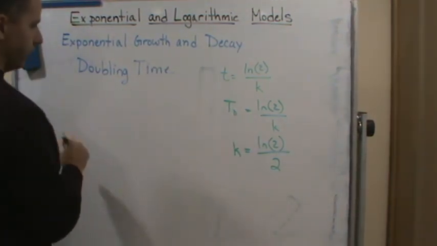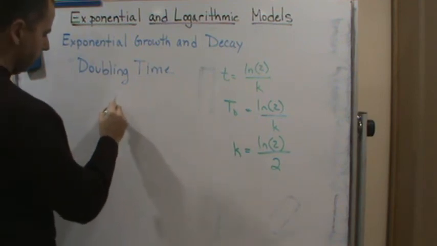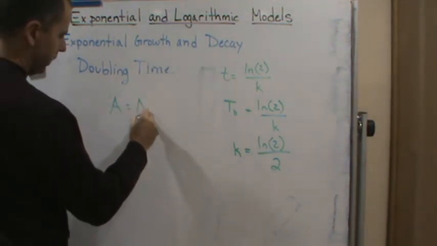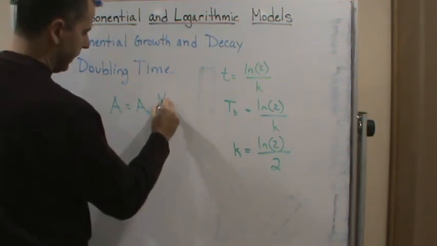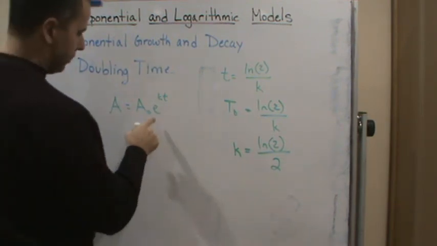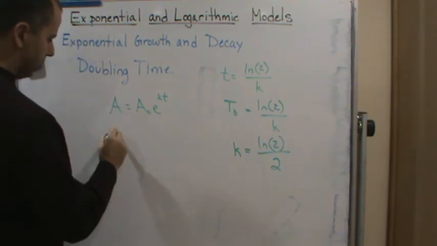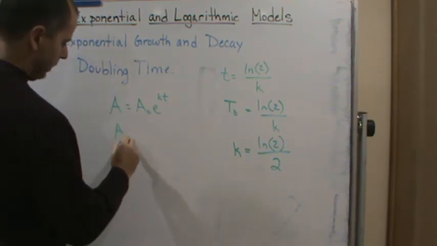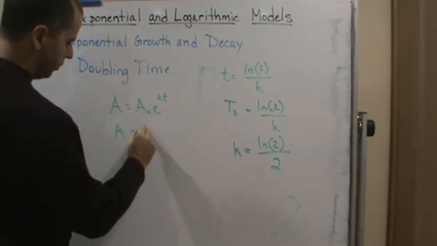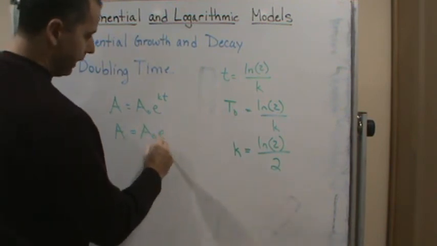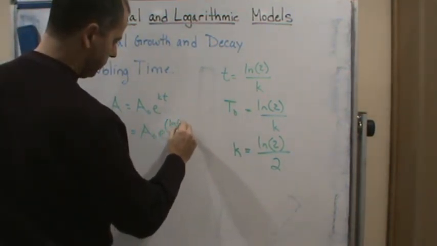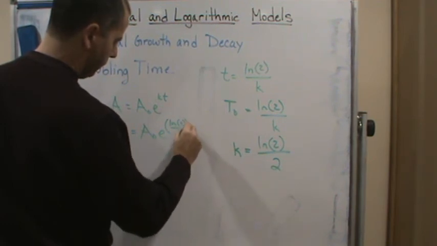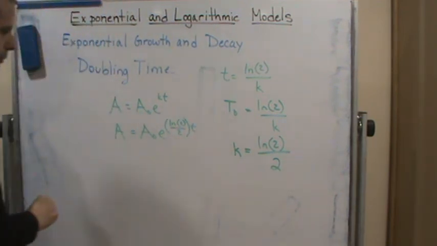And so now, if we go back to the model, we have A equals A naught e to the kt, where k is equal to this. So now we're going to say A is equal to A naught e to the natural log of 2 over 2 times t.